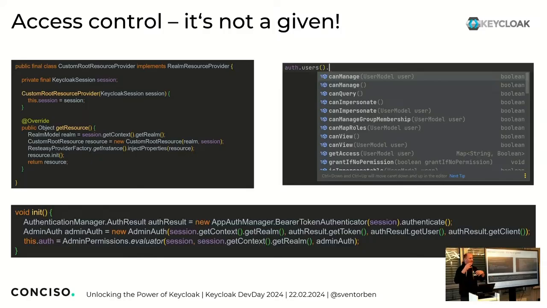You suddenly get all of this Keycloak magic that the other resources use. You can ask, can this user manage that group? Is he allowed to add a user to that group? It's all built in. You just have to know it's these three lines of code, and you get all of this magic for free.